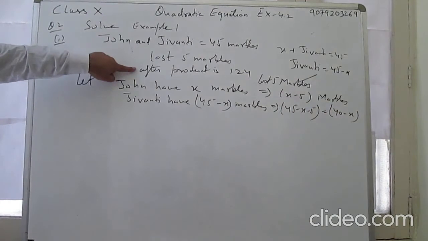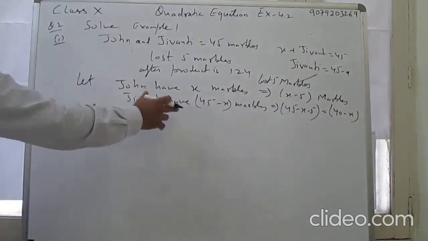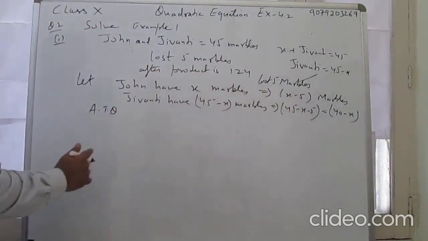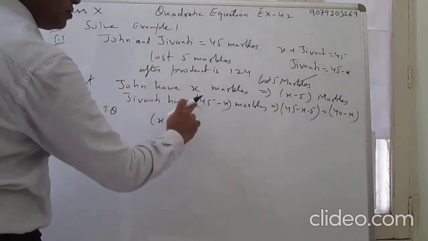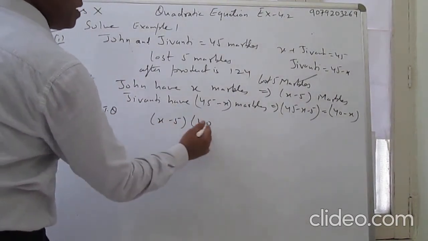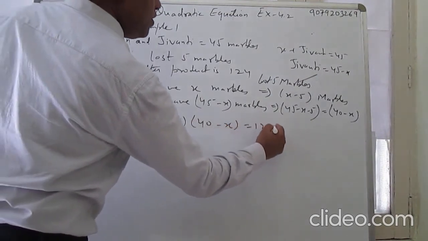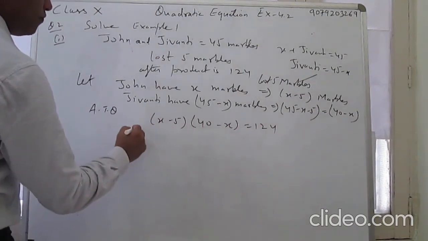Now, according to the question, the product of these two is 124. So the product of the marbles after losing 5 marbles is (x minus 5) into (40 minus x) is equal to 124. Now multiply these two.